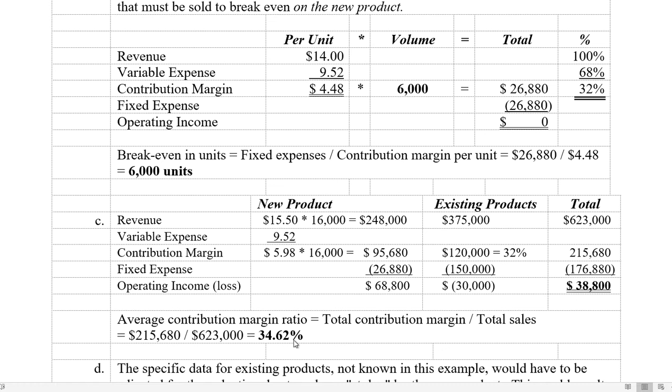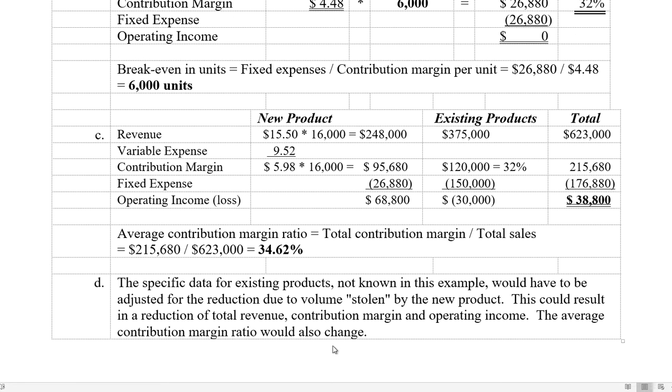So our contribution is definitely going to go up if we sell this new product, and it's obvious why, because the new product is giving us more contribution margin. Added together, the new product with the old is what you come up with as a projection of what your average contribution margin ratio might be. But here's the thing.